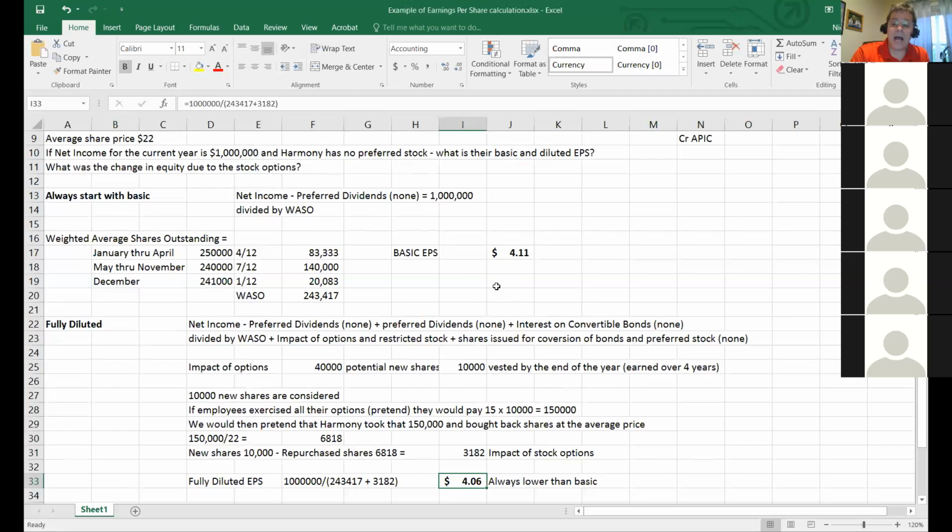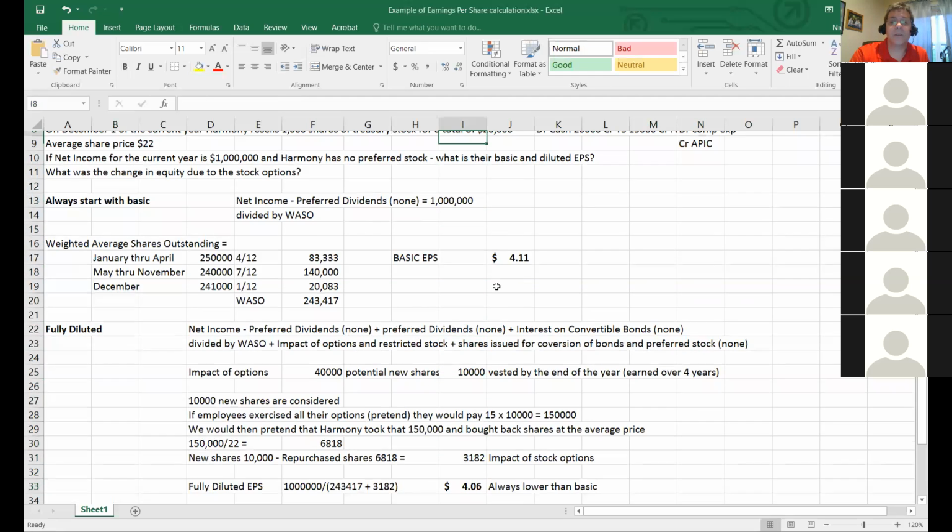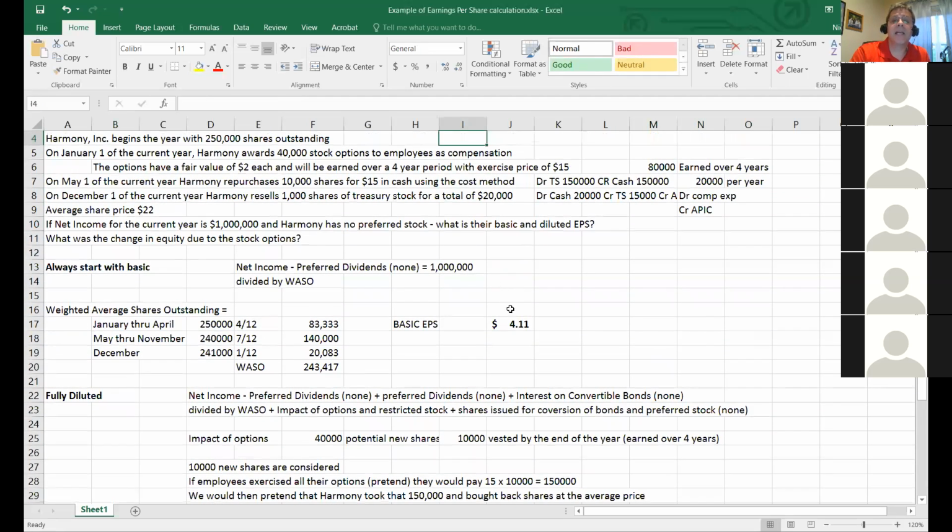Now, with options, you will always have to worry about this if the exercise price is below the average share price. So if the employee sees this deal, I can buy the shares for $15 and the share price is $22, then that's a bargain.